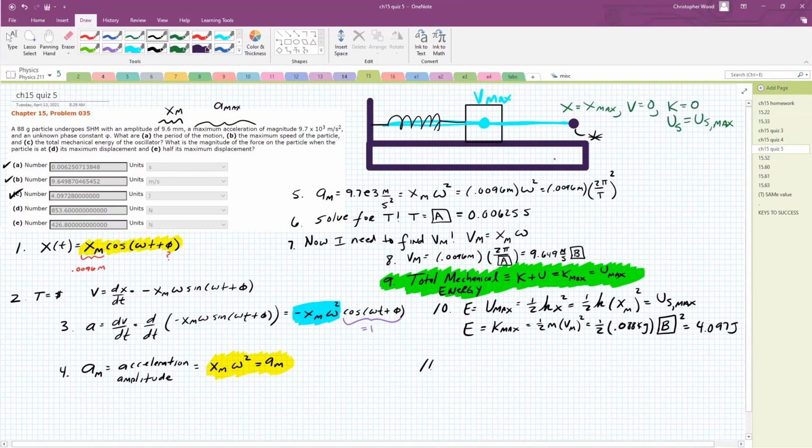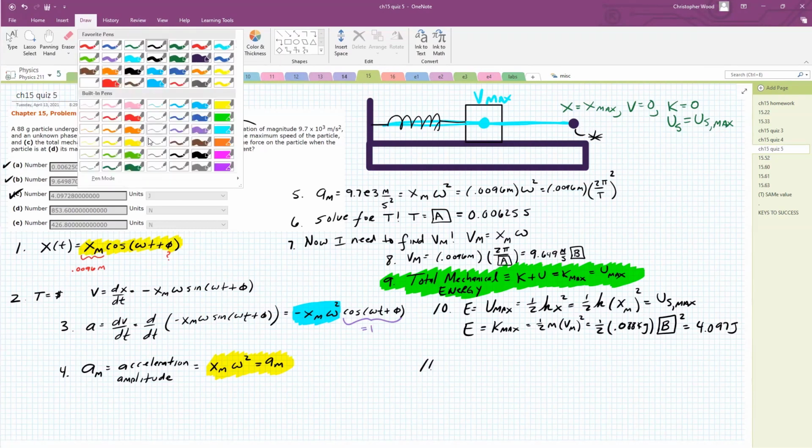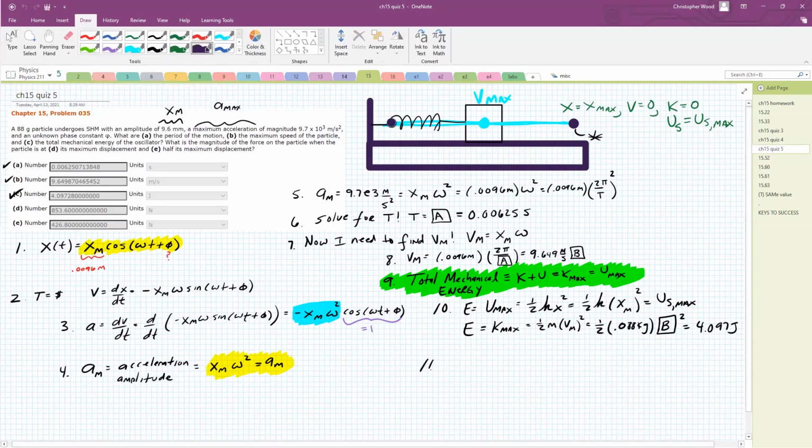Let's talk about this block again, bouncing back and forth. This is actually not a bad visual. This block right here is oscillating between max and min points. So I label this as the max point. Over here on the far left side, I can write it the same way: x equals x max. You might say, why don't you say x min?